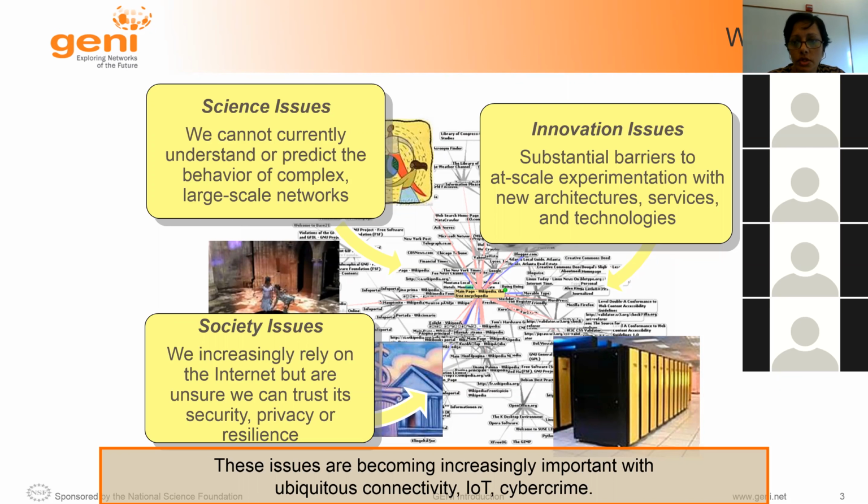So what you can do with GENI is run very large at-scale experiments, and it's deeply programmable, and I'll talk to you in a few slides about what we mean by that.